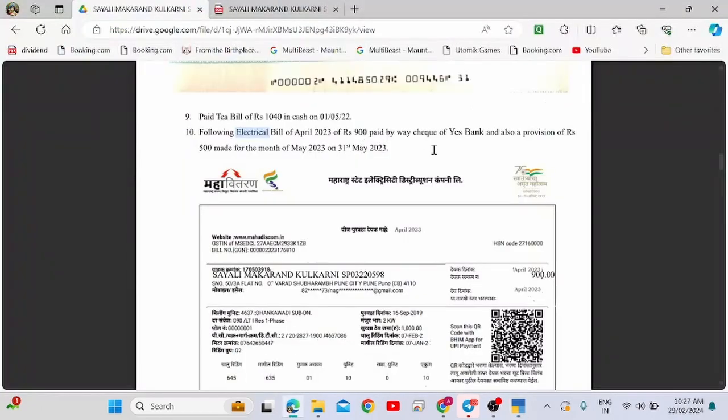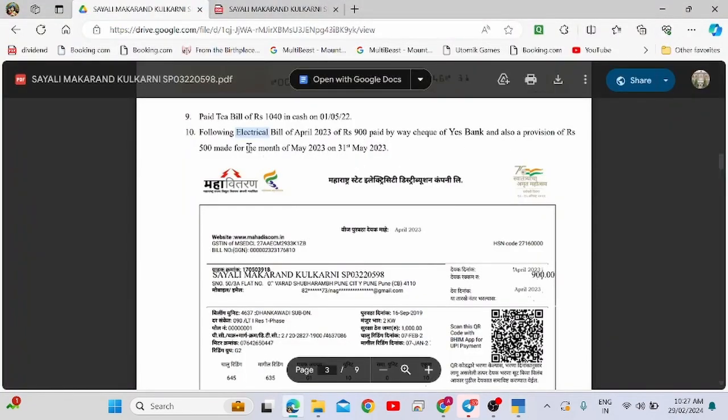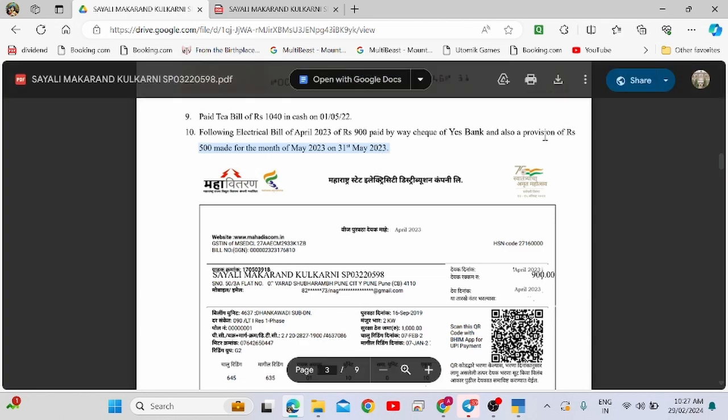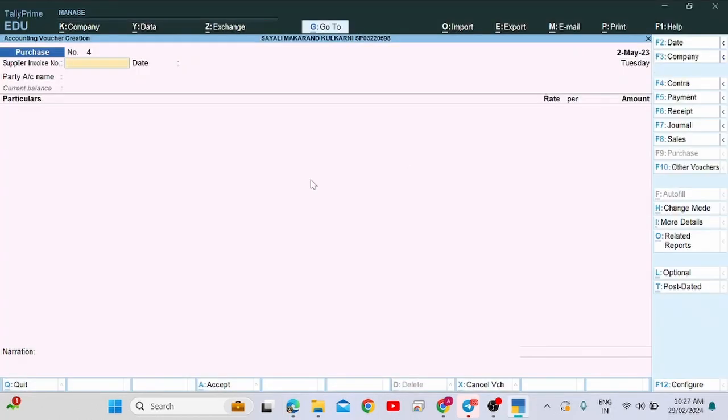The first part of this bill is over, correct. And then the next part, a provision of rupees 500, because I don't have here in the Tally purchase of a service voucher type, therefore I have used purchase voucher type to pass electricity bill entry. In actual life you will get that voucher type, or otherwise you can create that voucher type.